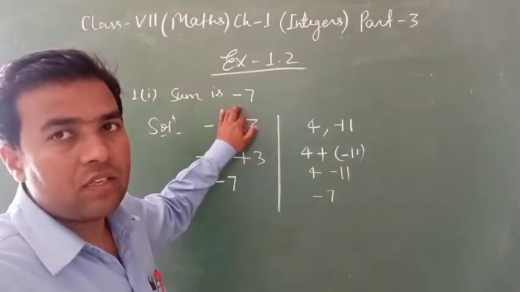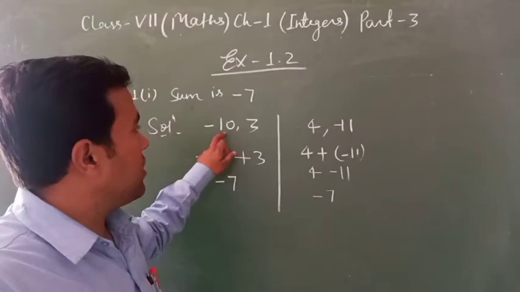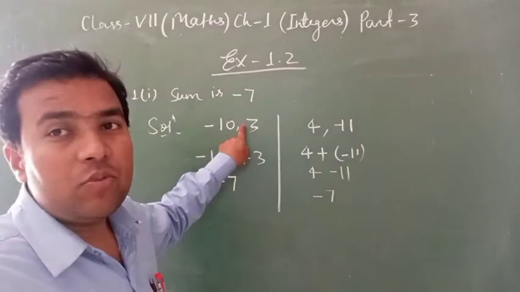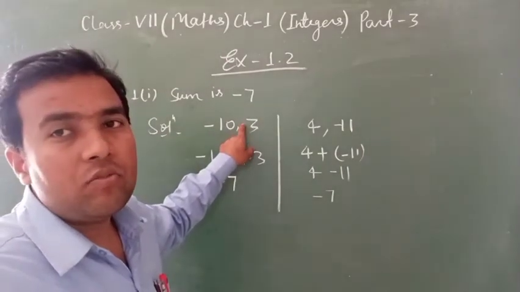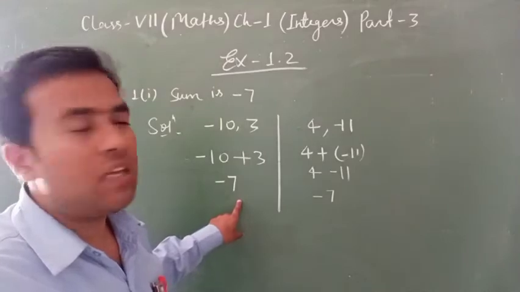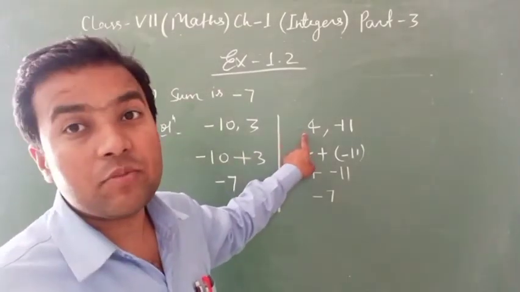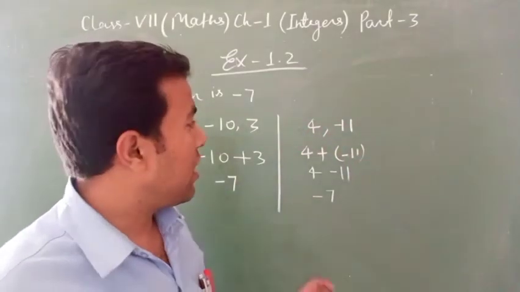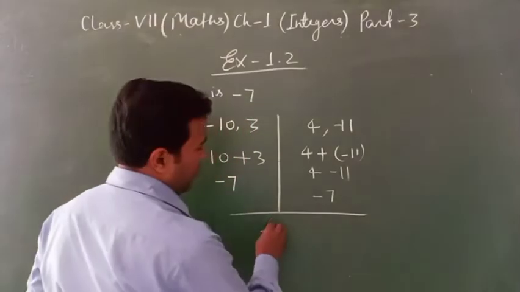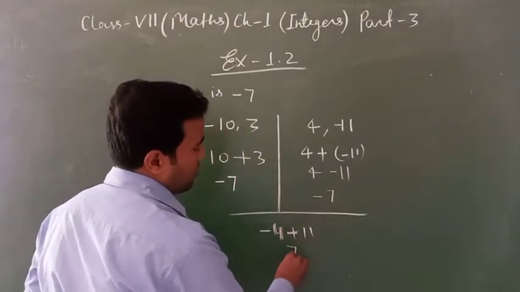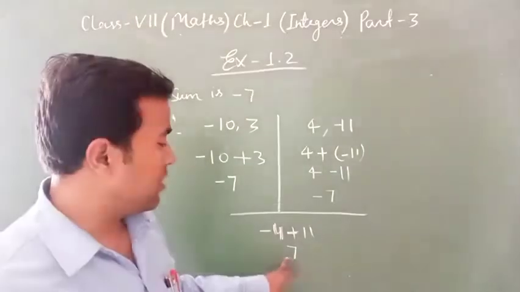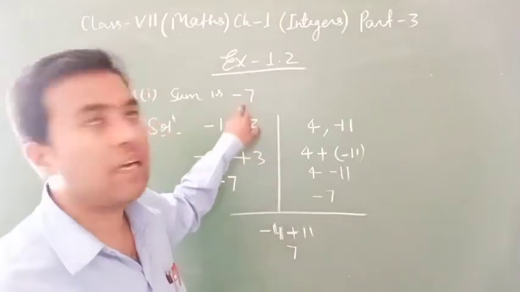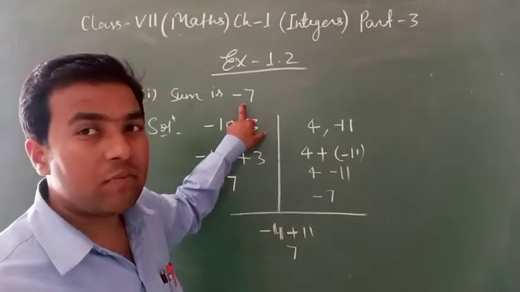In the question given, we took -10 and 3. Suppose you are thinking why we have not taken the minus sign on the other number. If you take the minus sign there, your answer will not come -7. Suppose we have taken -4 and 11. -4 plus 11 gives 7, but the result is wrong because in the question you want -7.